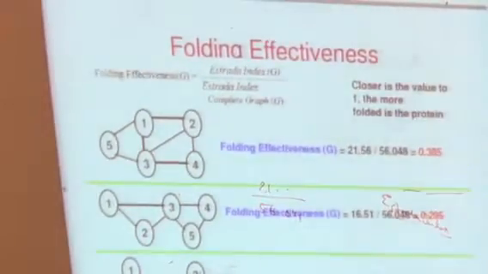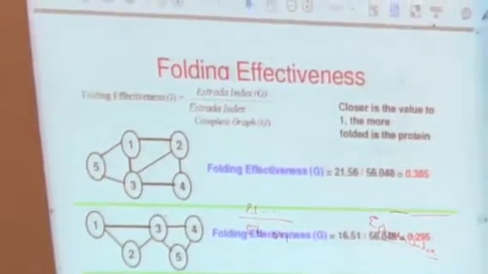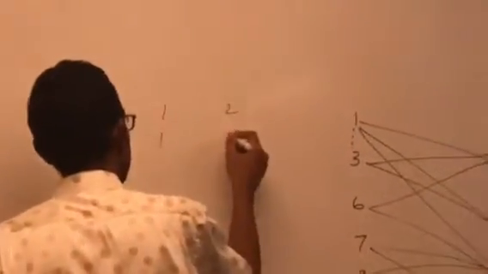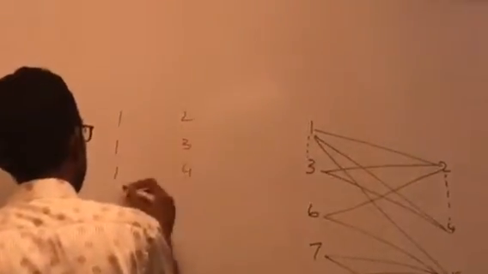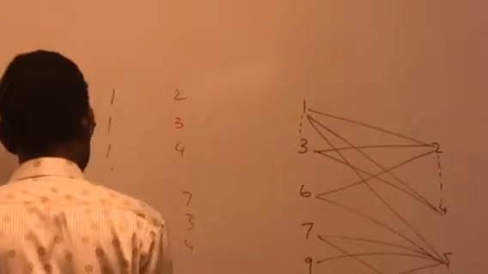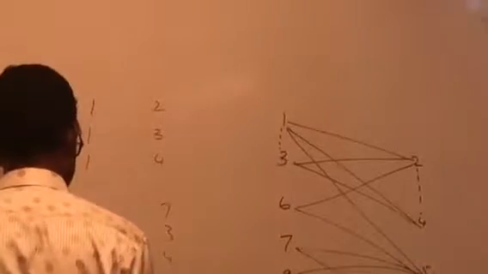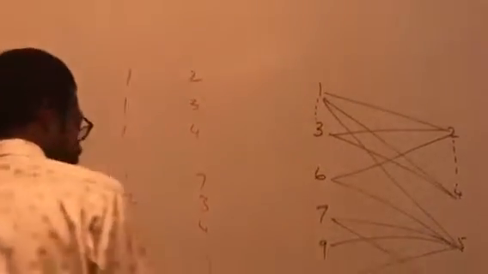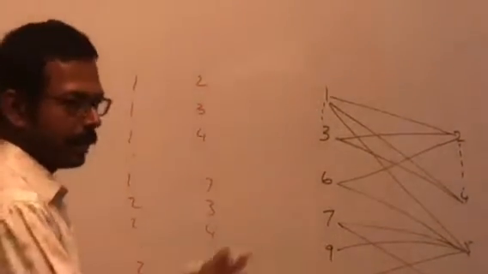So if I give you a graph of 7 vertices, you don't even need to draw a complete graph of 7 vertices. You know the edges are going to be like 1-2, 1-3, 1-4, 1-7, then 2-3, 2-4, 2-7, 3-4, 3-5, you see. You can type all the edges like this and feed them to the program.